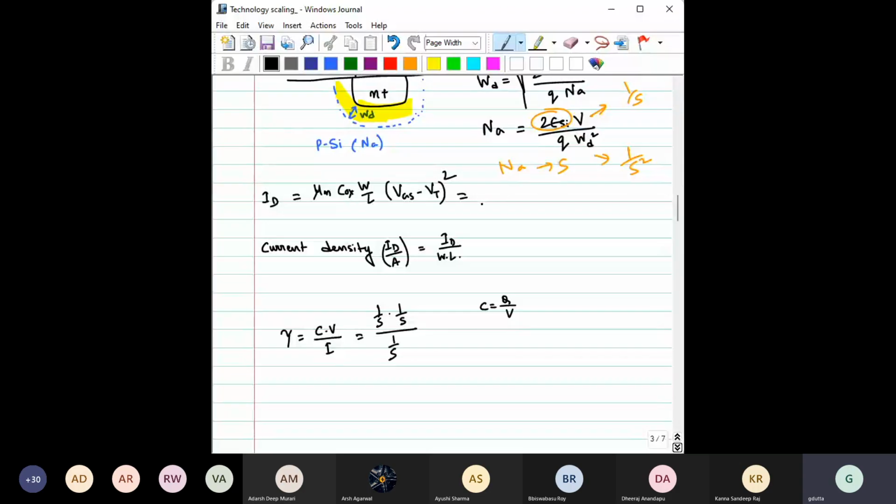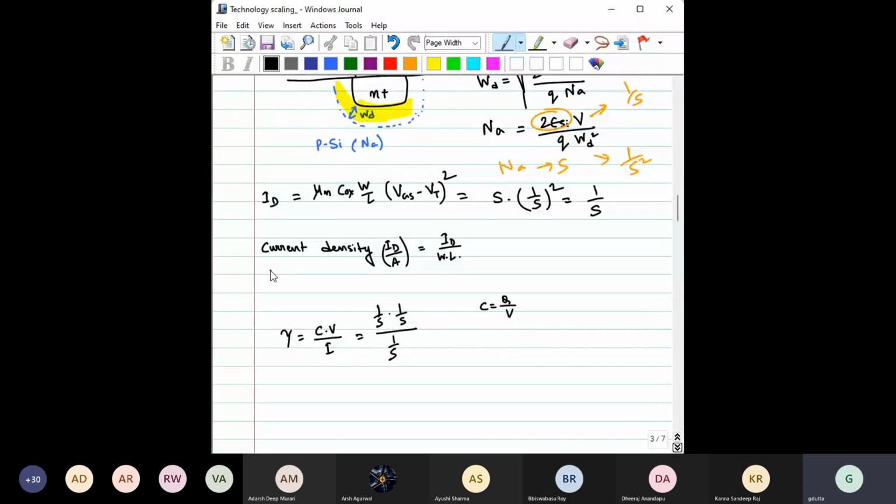Cox is changing by S. W by L is a ratio, so it is gone. Voltage is changing by 1 by S, so it is 1 by S square. So ID becomes 1 by S, right?